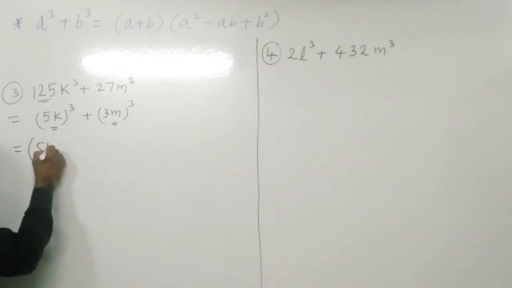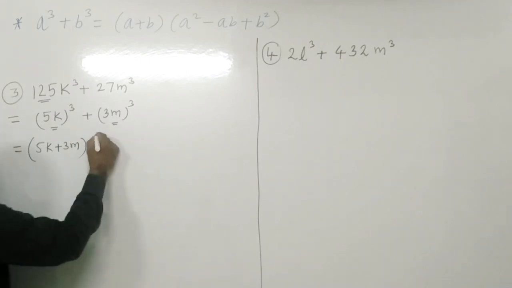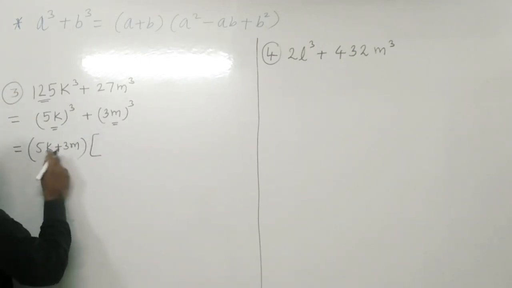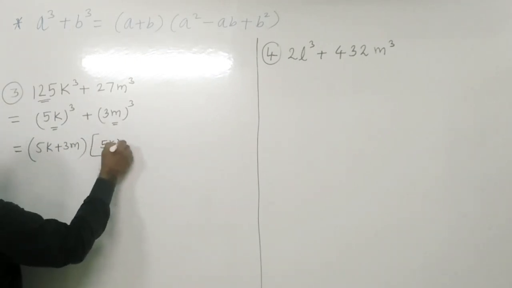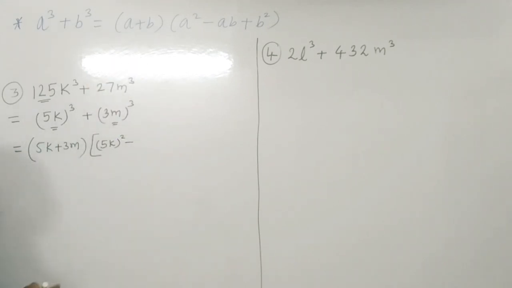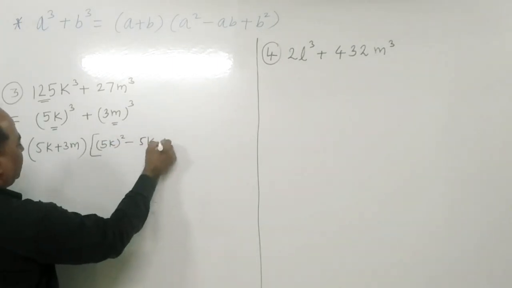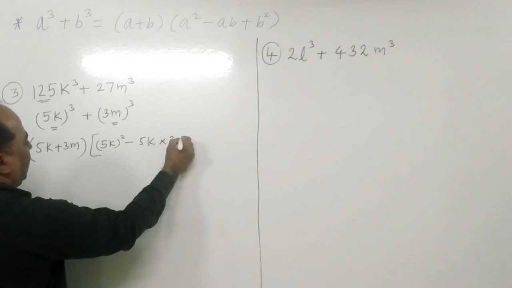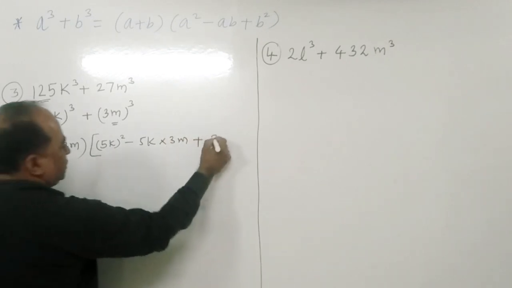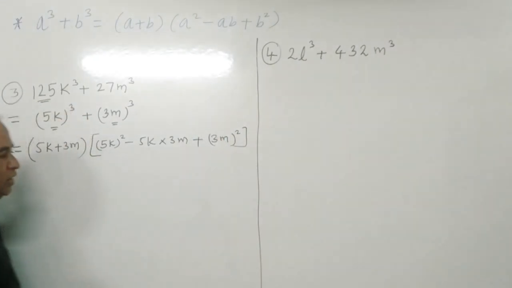So the first bracket is 5k plus 3m, and the second bracket from the first bracket: a square minus ab plus b square. So (5k) square minus 5k into 3m plus (3m) square, that is b square.